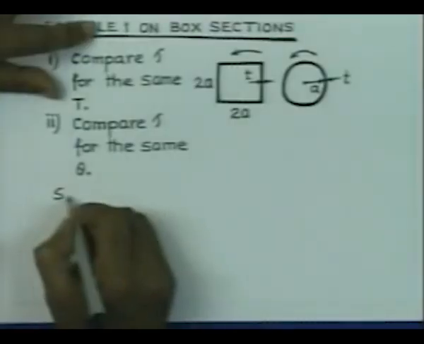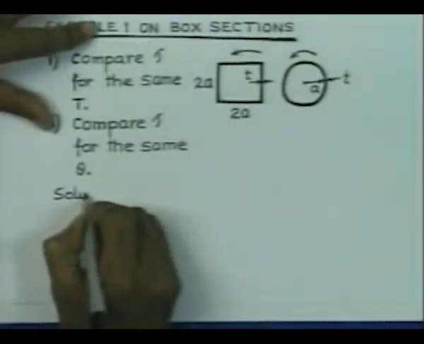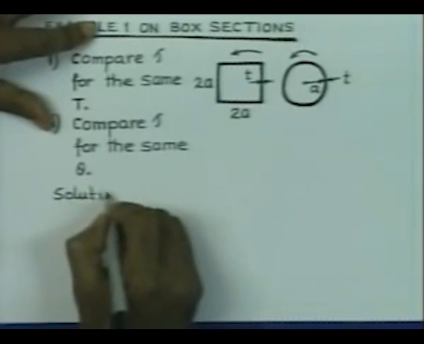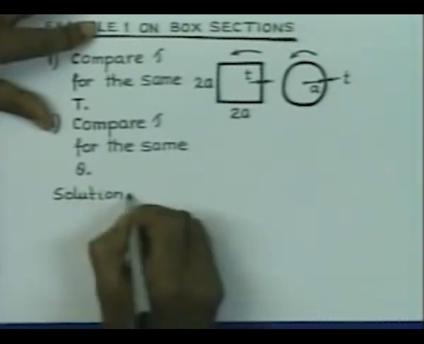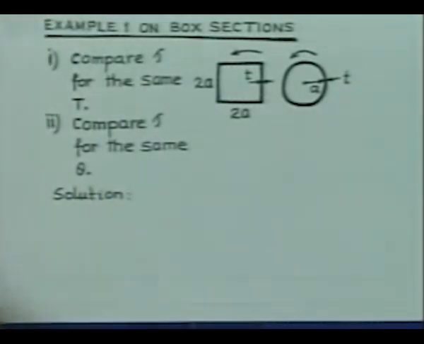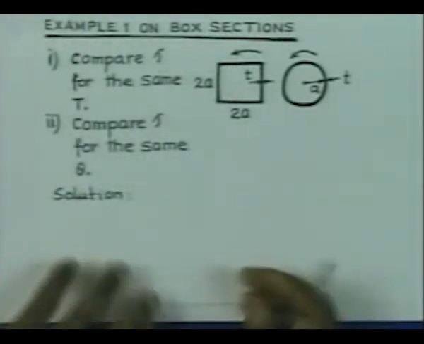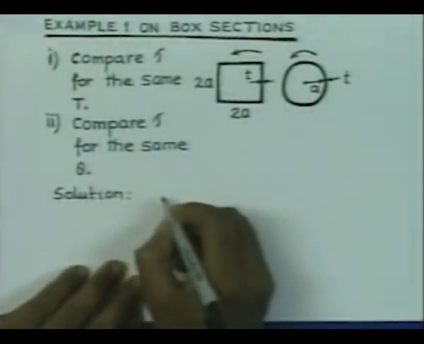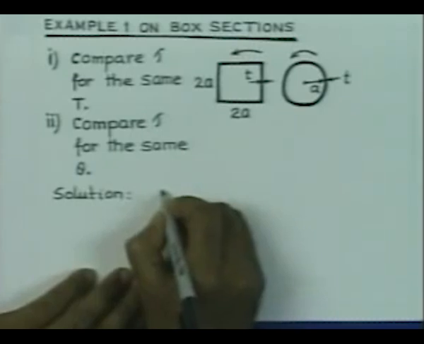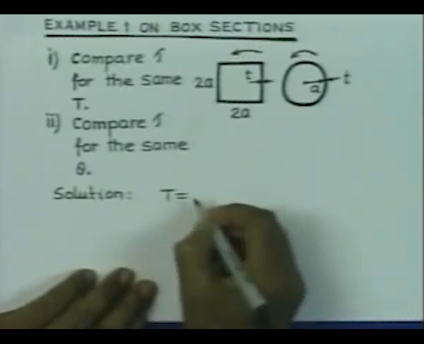Let us now work out the solution. We invoke the Bredt-Batho formula.